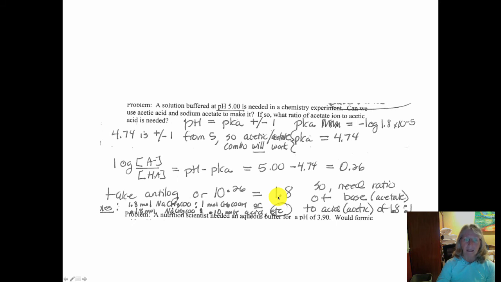What that means is, and I've written it over here, you could have 1.8 moles of the base, the acetate, to every 1 mole of the acetic acid. Or if you needed to drop the magnitude down, which you guys will for your buffers, 0.18 to 0.10, and so on. So I hope you're seeing that this is pretty easy to do.